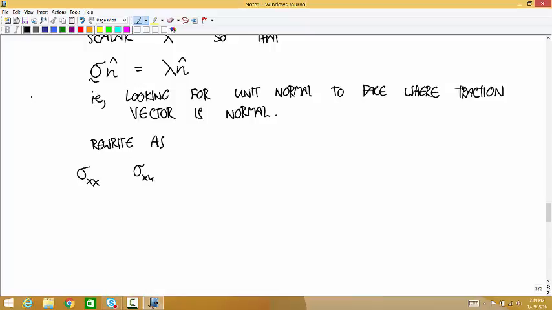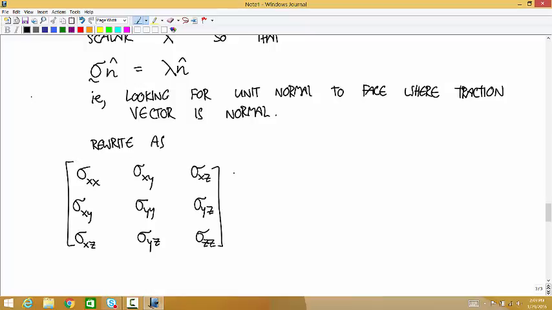So sigma xx, sigma xy, sigma xz, xy, yy, yz, xz, yz, zz, times nx, ny, nz is equal to, you can try this out, and you'll see that this is exactly the same thing.